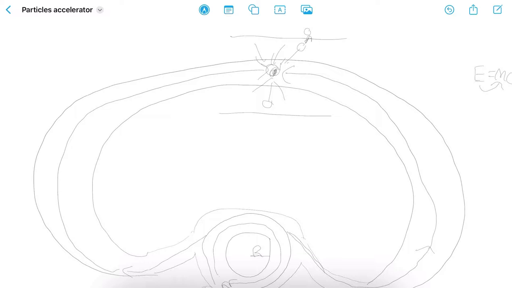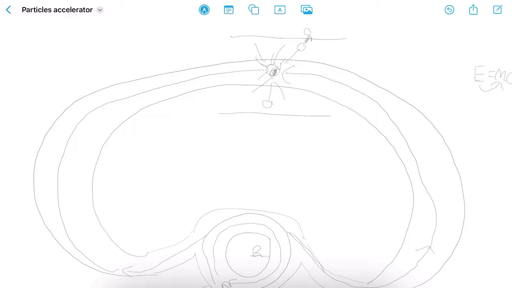Unlike normal particles that interact with other particles, neutrinos are not as active as other particles. So to detect them, we may need a special detector in order to detect them.